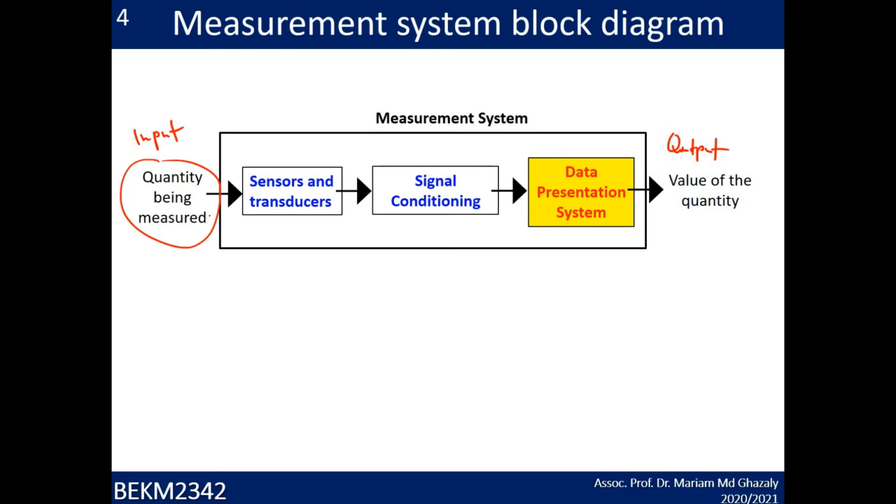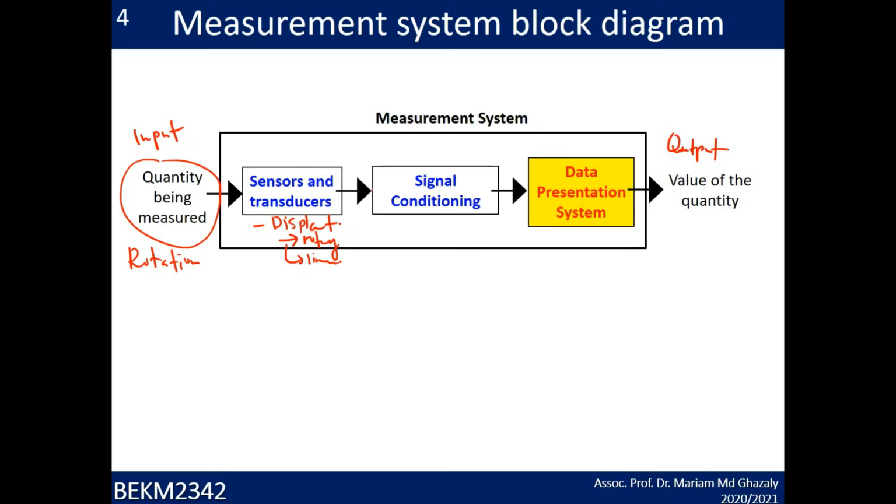For example, if you want to measure rotation, you need a sensor to measure the rotation, so you may want to implement a displacement sensor, which is either rotary or linear.